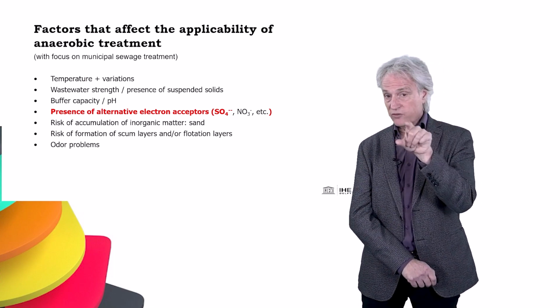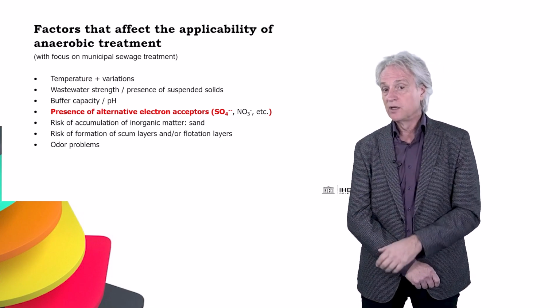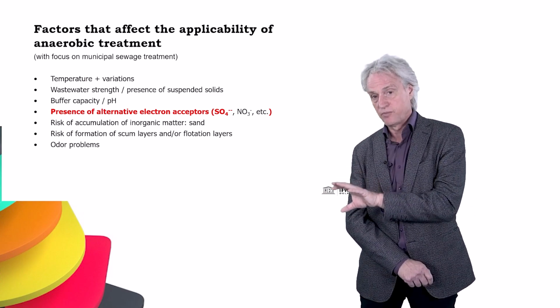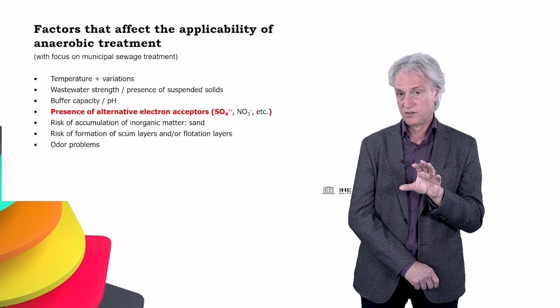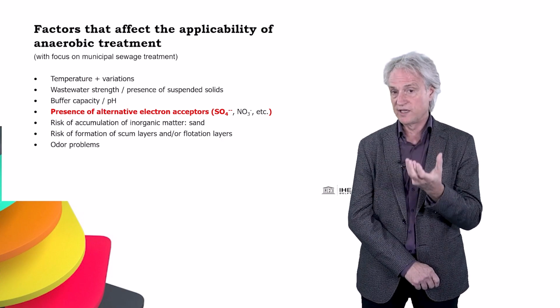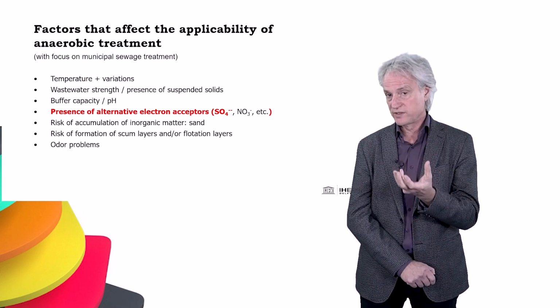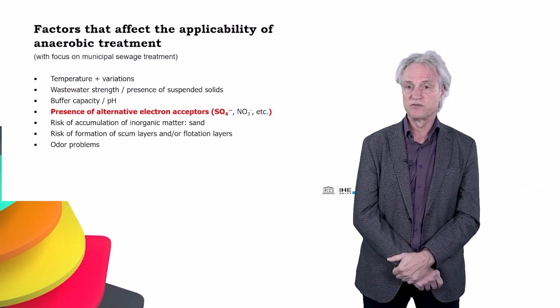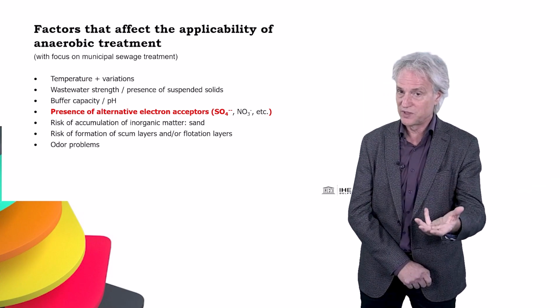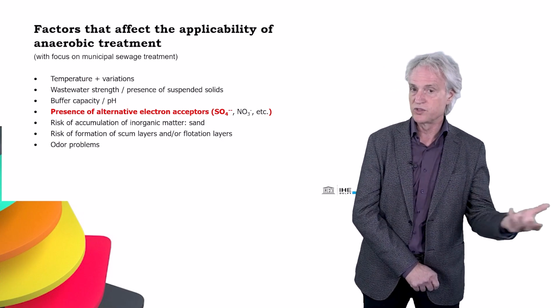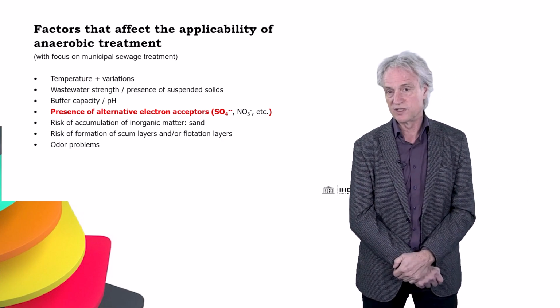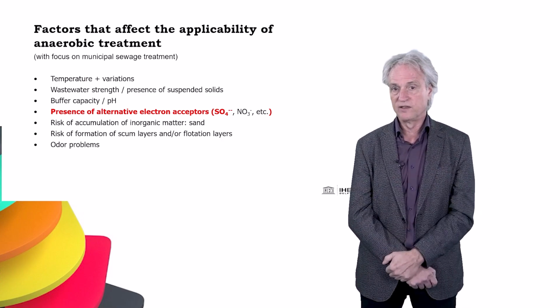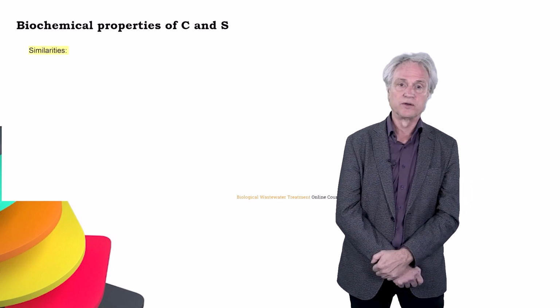Now, next to sulfate you also see nitrate, but nitrate commonly is not present in domestic sewage. Nitrate is an oxidized N compound, and in the sewage system we have a reducing environment. So if we have nitrate there, it already will be reduced in the sewage system to nitrogen gas. So sulfate again is the most important compound here.